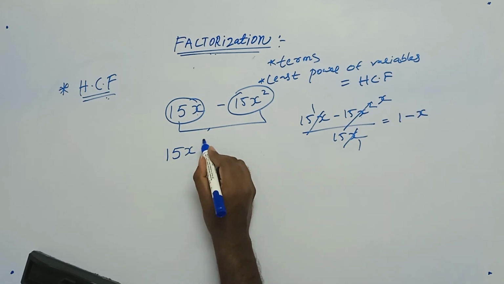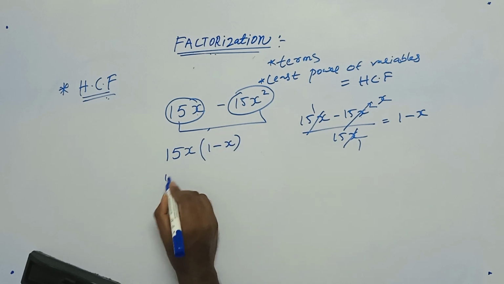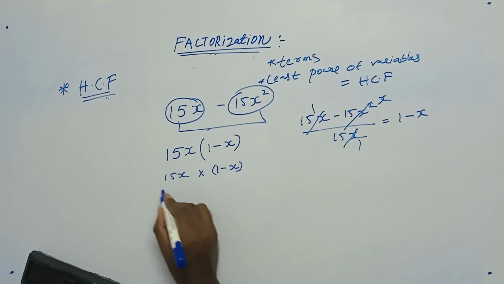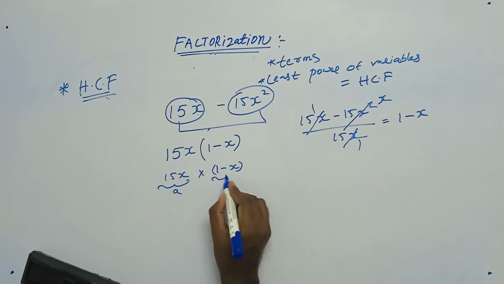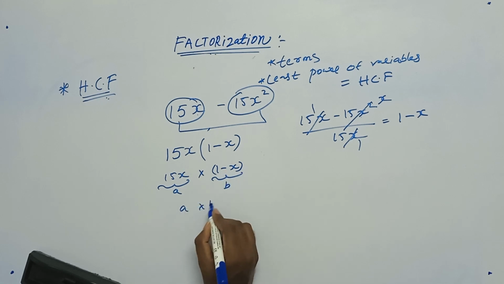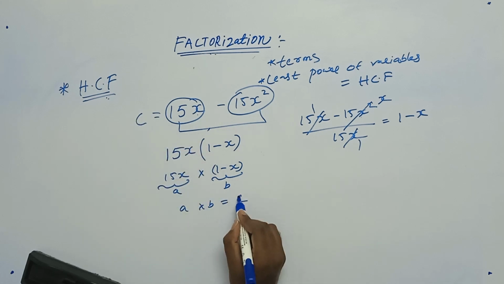Now here we are going to multiply 1 minus x, so that means 15x into 1 minus x. If we consider 15x as A and 1 minus x as B, A into B is equal to C, the quotient. That means what are the factors of C?